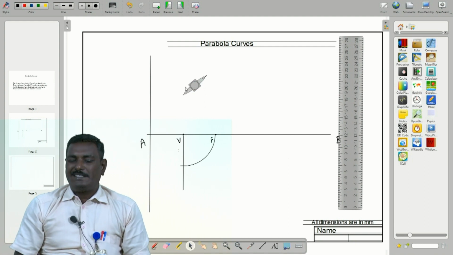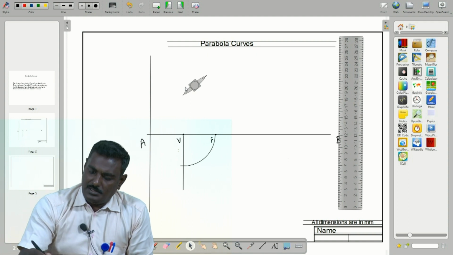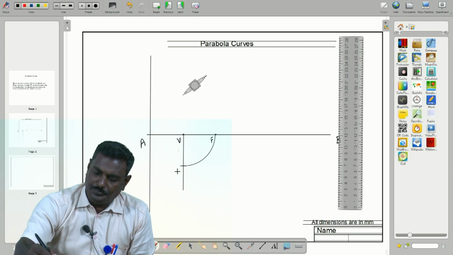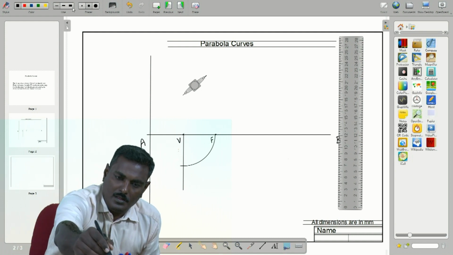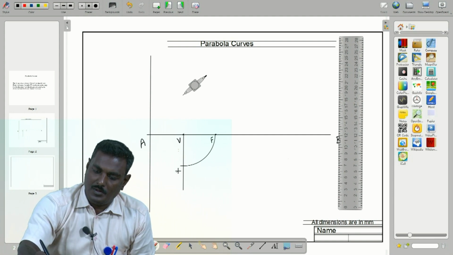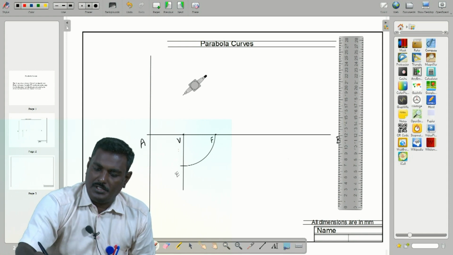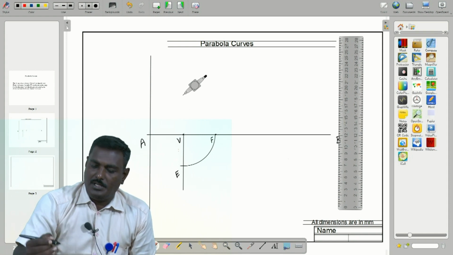You make an arc to intersect the vertical line drawn from V. That point we now name by lettering, E. We have to put a thicker E.